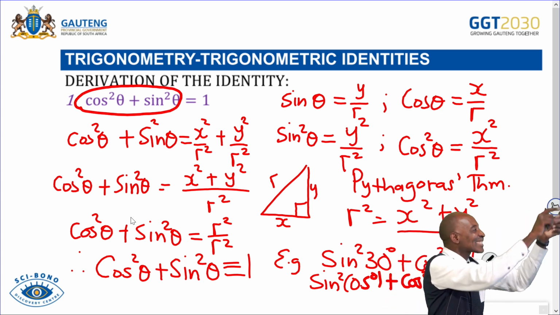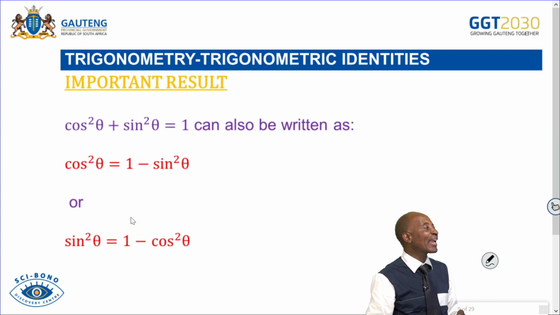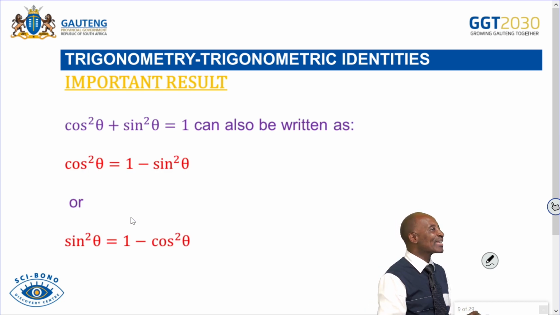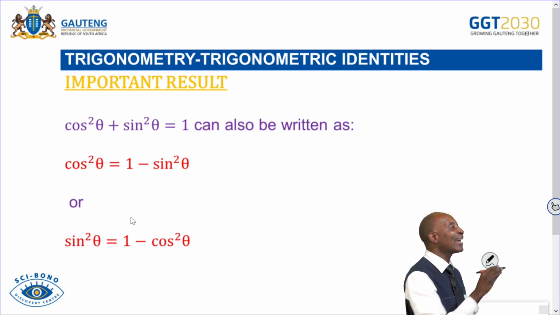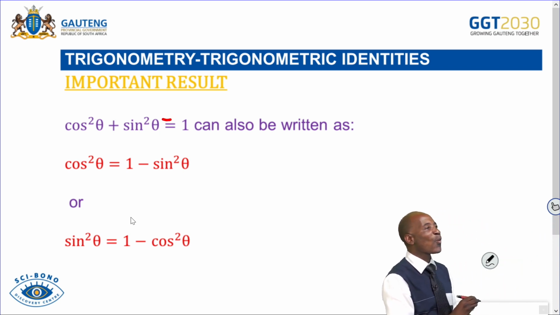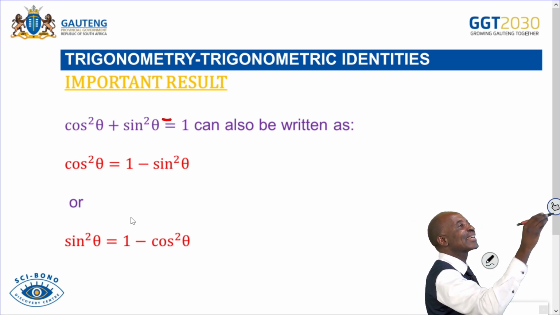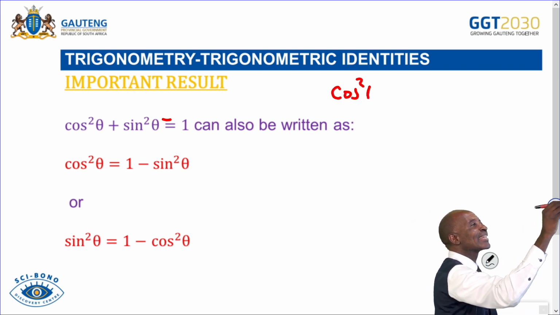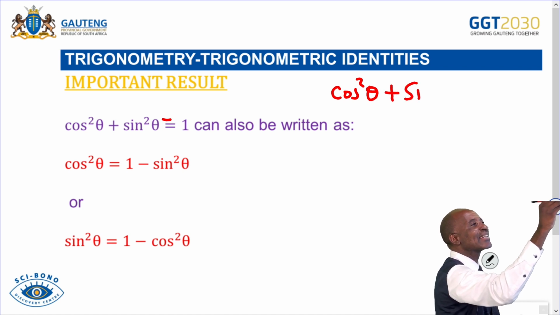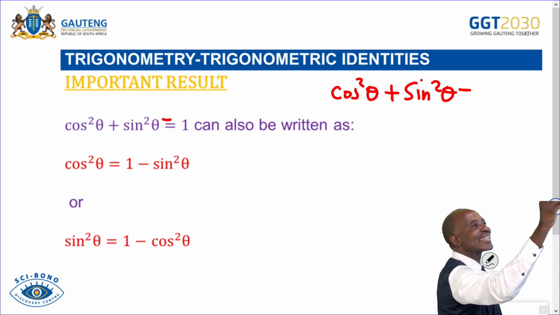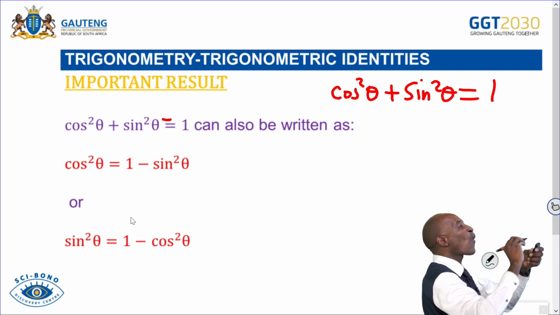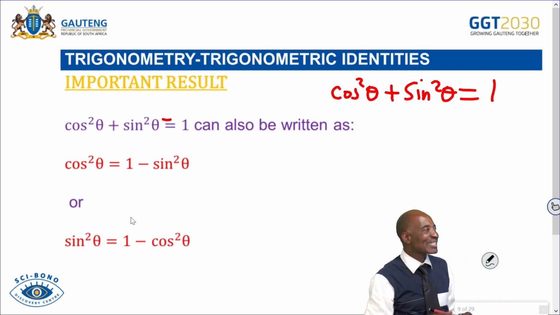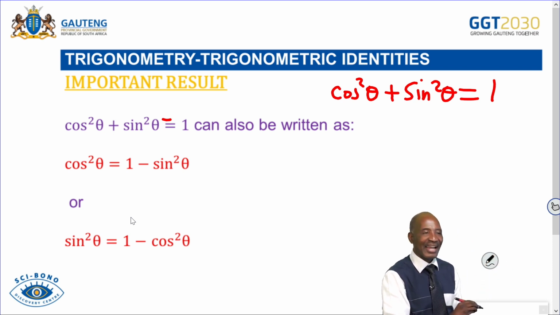Now we call this type of identity a square identity: cos squared theta plus sine squared theta is identical to 1. The same identity can be written as cos squared theta plus sine squared theta equals 1. It can be written as an equation because all identities are equations, but not all equations are identities.